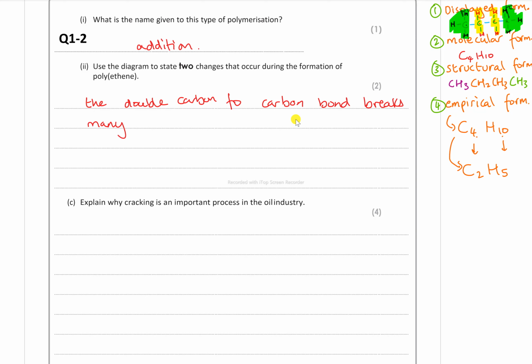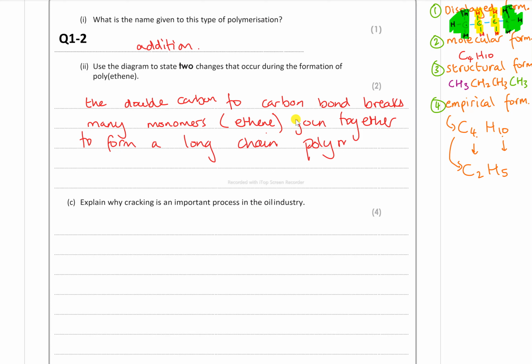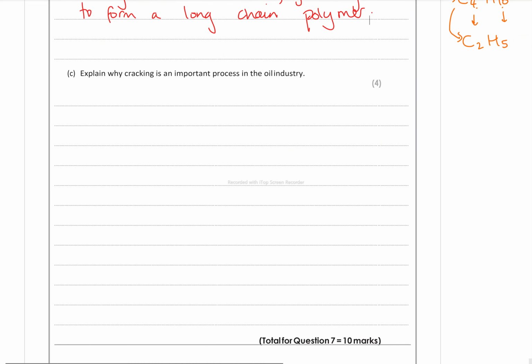Many monomers, in this case ethene, join together to form a long chain polymer. This is a standard answer. Very, very standard answer.